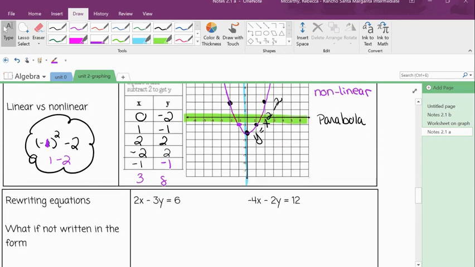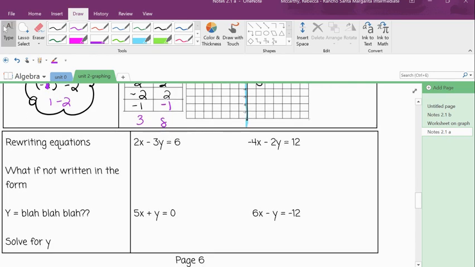Now, what if I'm asked to graph but they're not the y equals? So I have to write in the y equals blah, blah, blah. So I have to solve for y. I'm going to circle that, draw my y, my line. I'm going to subtract 2x from both sides.